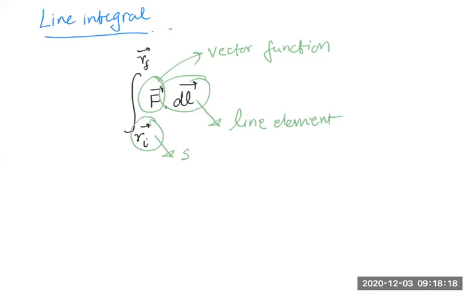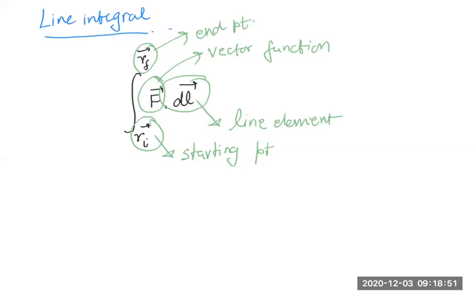This is the starting point. This is the end point. Right? So this is the anatomy of a line integral. And we discussed in detail what a vector function is and what a line element is. Okay, so I hope there is no confusion there.